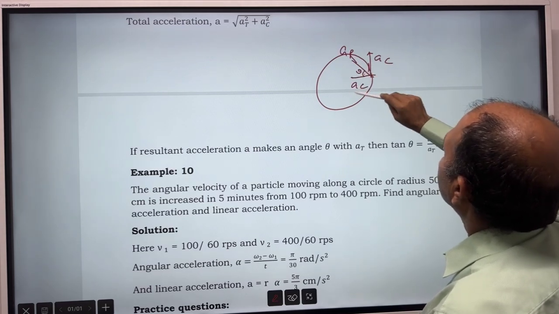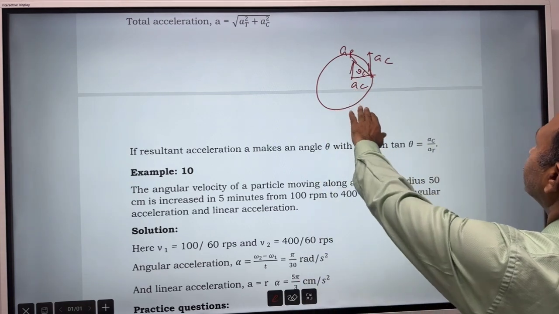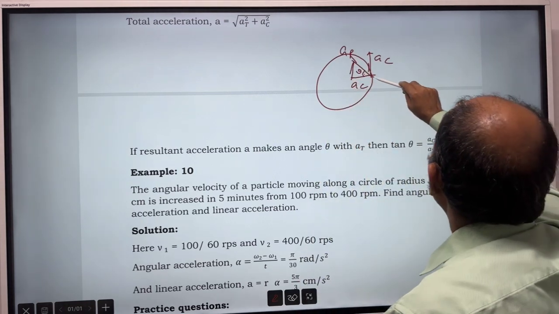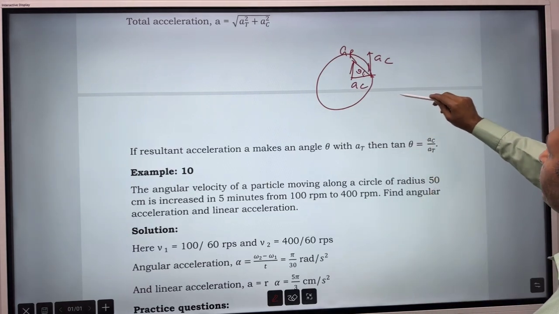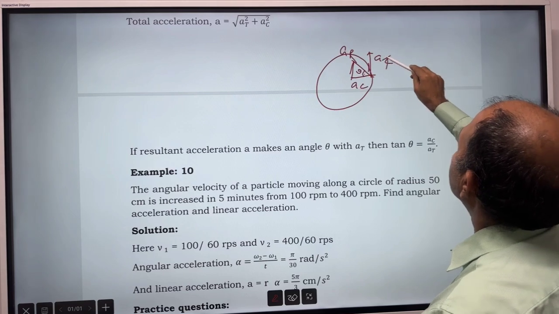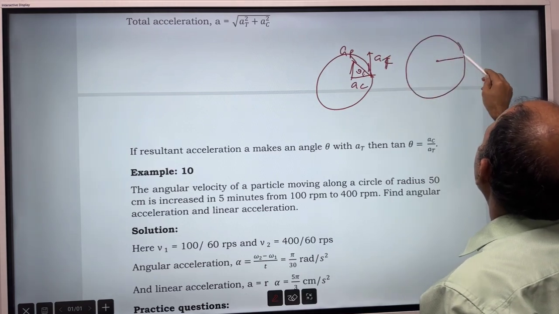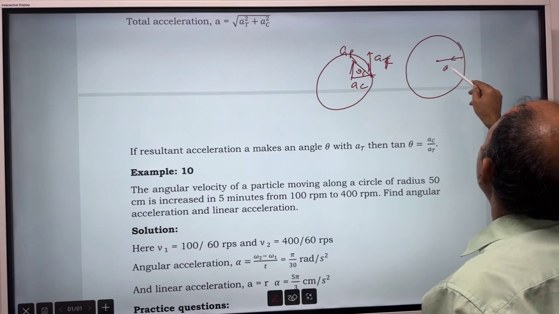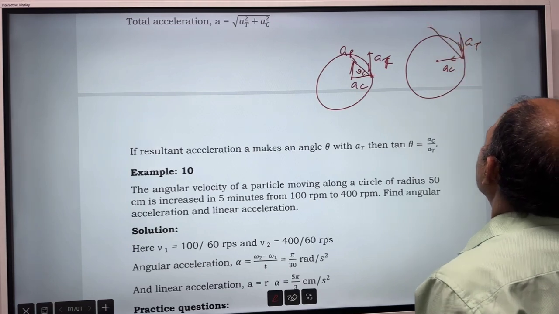If you take this angle theta, then it is perpendicular upon base, so you will write tan theta. In this direction it will be AC, and in this direction it will be AT. So the resultant will be in this direction.